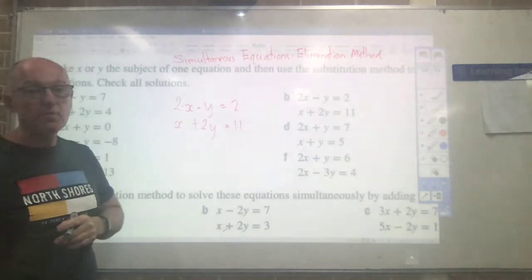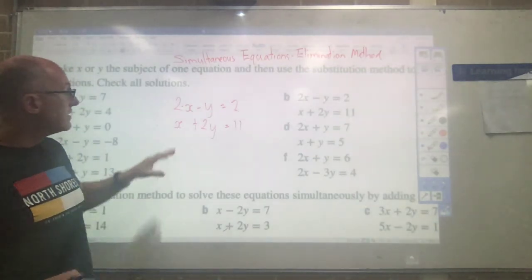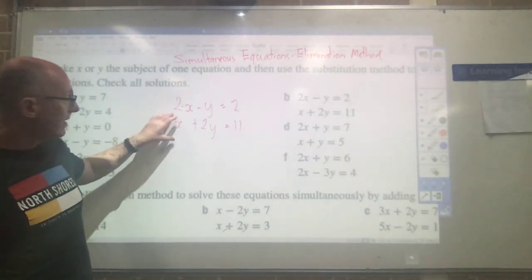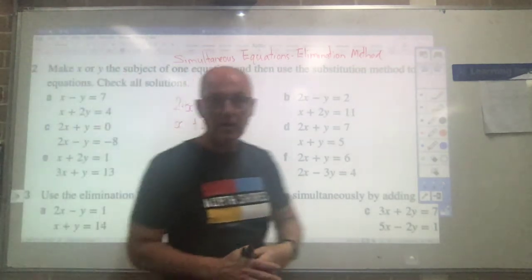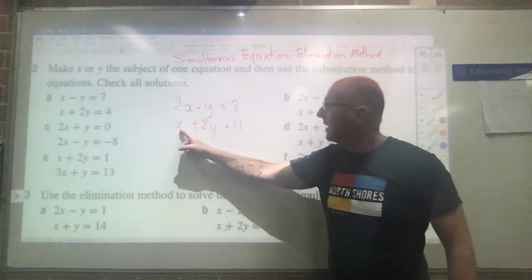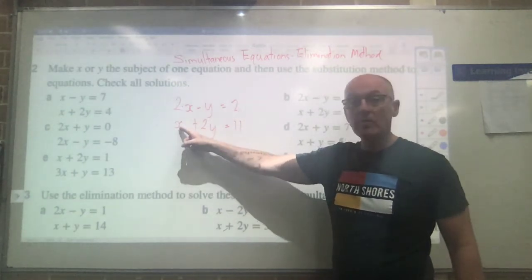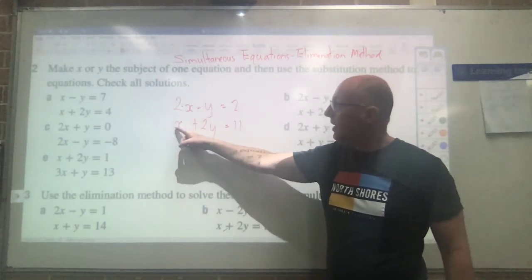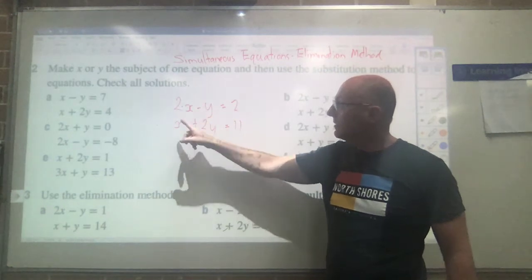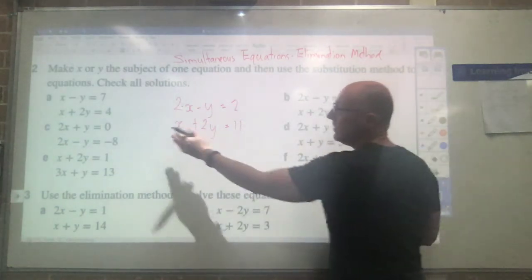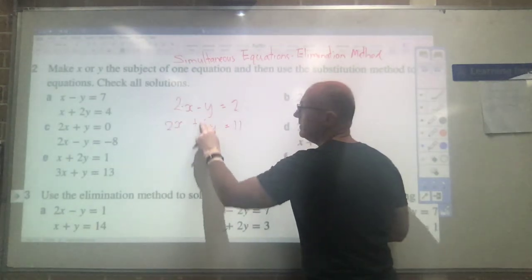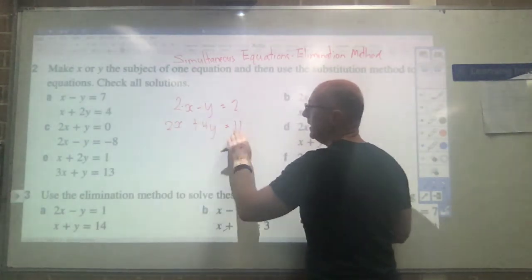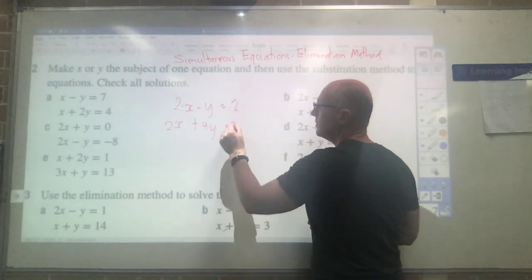So we need to change one of them. I'm going to change the bottom one by doubling the bottom row. The reason I do that is if I double the bottom row, I'm going to end up with 2x here, which is what I want. So I'm going to double everything on the bottom: 2x, double this is 4y, and double this is 22.